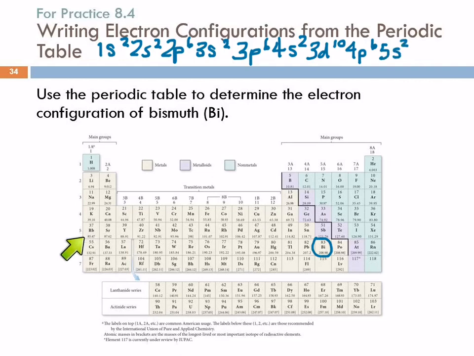What's after 5s2? 4d. 4d10. And then I ran out of room, so we'll jump around. 4d10 gets us here, so then we've got 5p6.